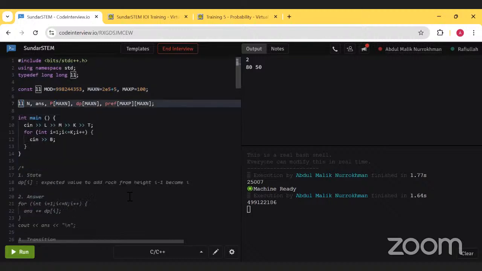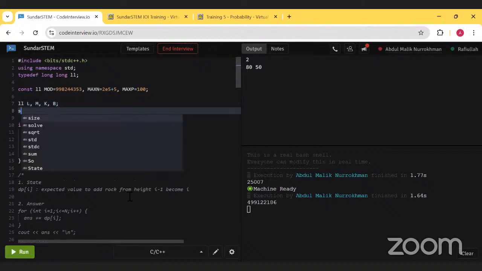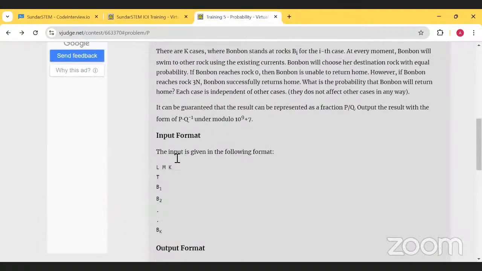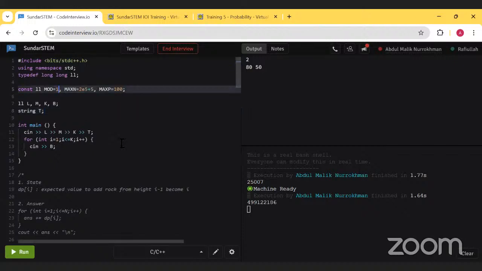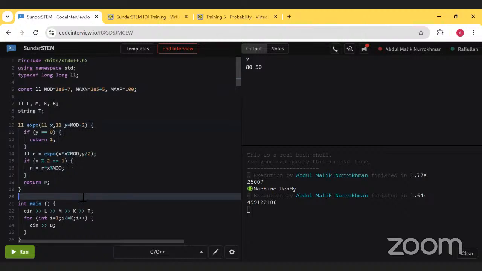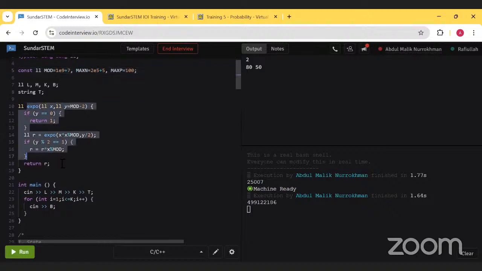Okay, so we can make it long also, l m k p and a string g, and then the modulo is just like this. Okay, and then I think we still need this function since we want to find the probability with modulo something.